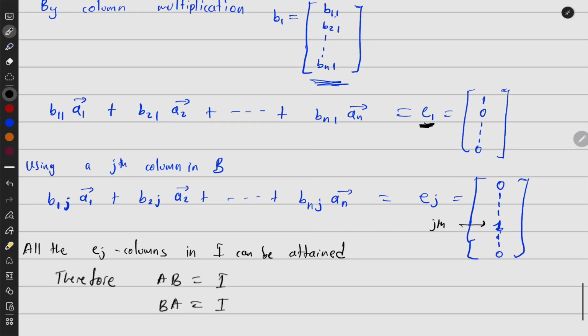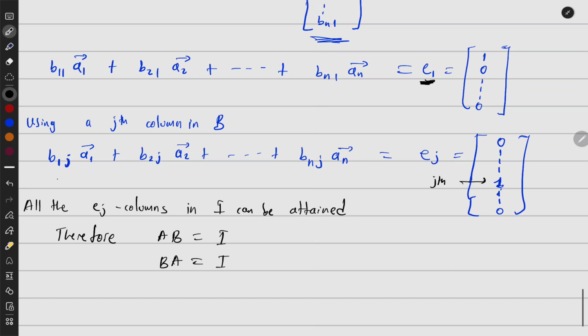So I have my jth column in B, which can be written in that way. Therefore, the columns in I can be attained. Therefore, my AB equals I and my BA equals I.